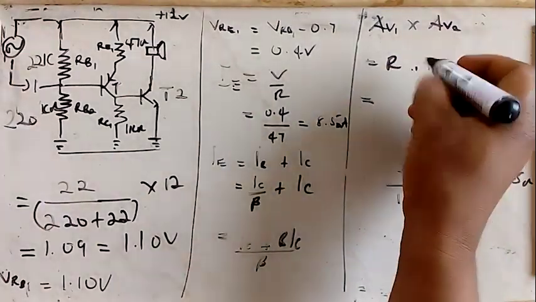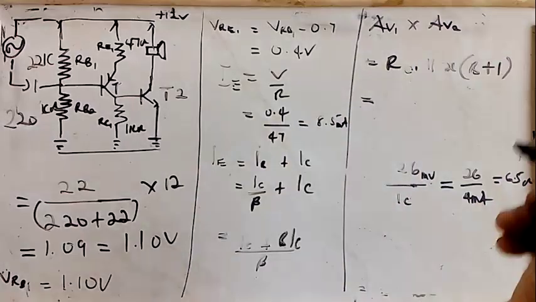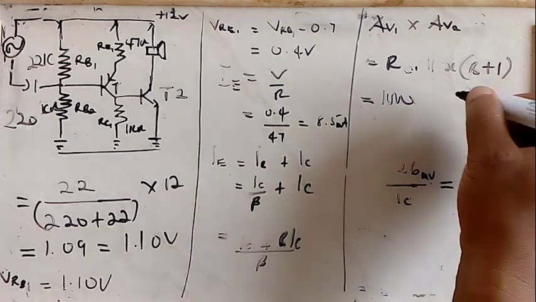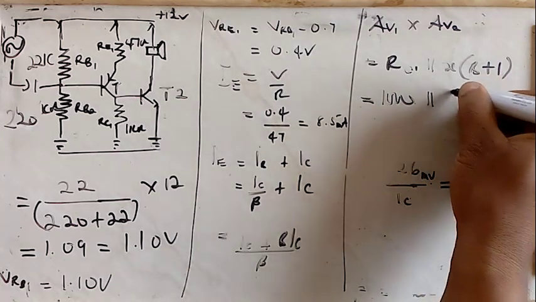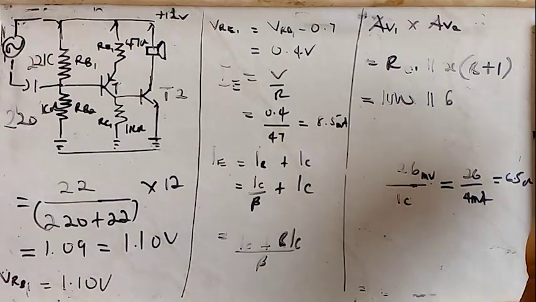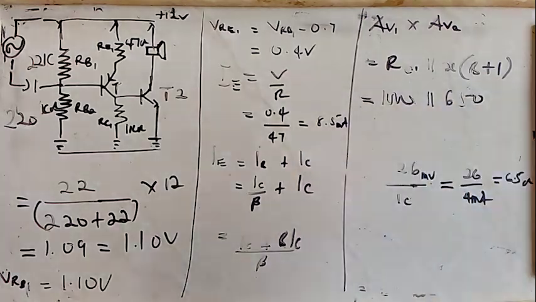Our resistance on the collector, which was 1 kilo ohm, which is 1000, is now in parallel with 650 something ohms.